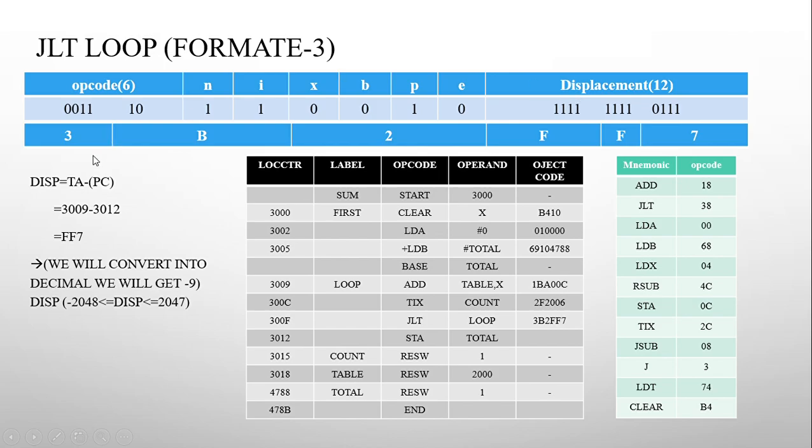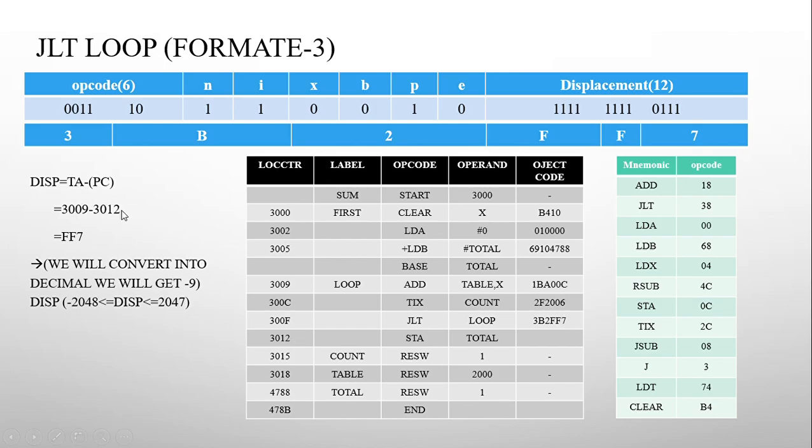To find the displacement, we use the formula TA minus PC. The target address of loop is 3009, and the PC for JLT, the address of the next instruction to be executed, is 3012.